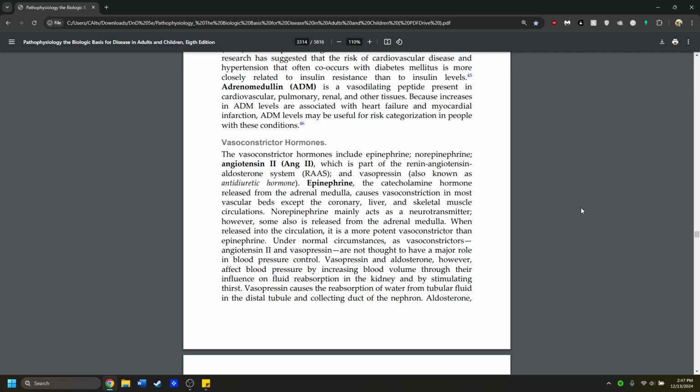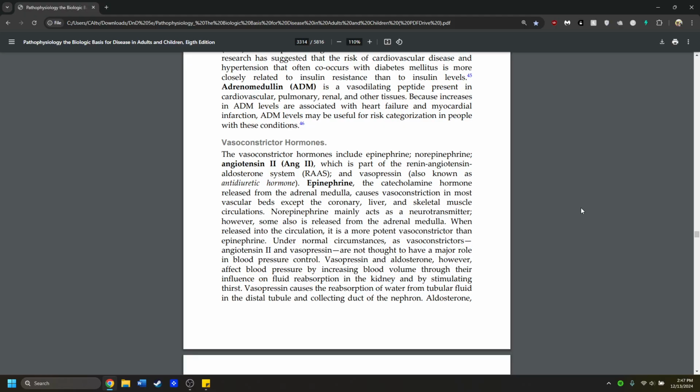Epinephrine, the catecholamine hormone released from the adrenal medulla, causes vasoconstriction in most vascular beds except the coronary, liver, and skeletal muscle circulation. Norepinephrine mainly acts as a neurotransmitter. However, some also is released from the adrenal medulla. When released into the circulation, it is a more potent vasoconstrictor than epinephrine.